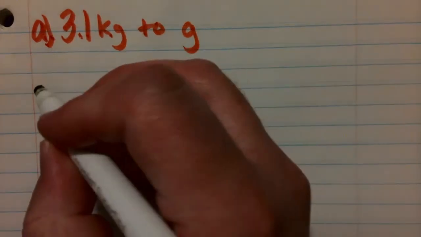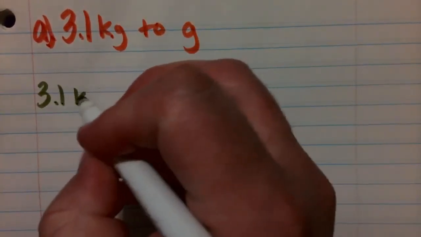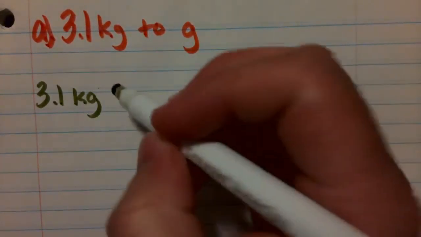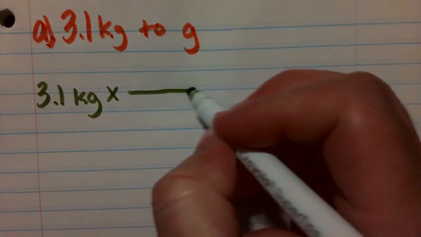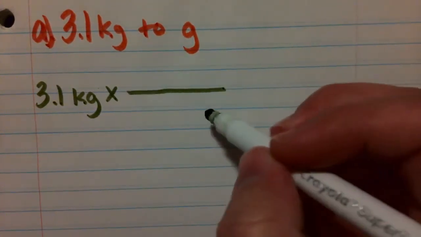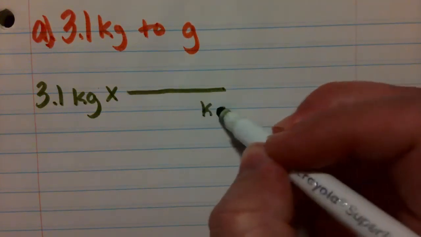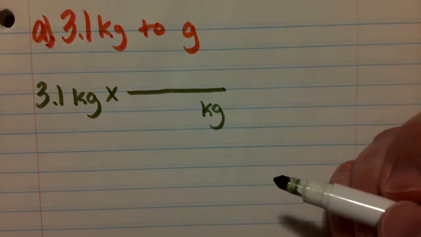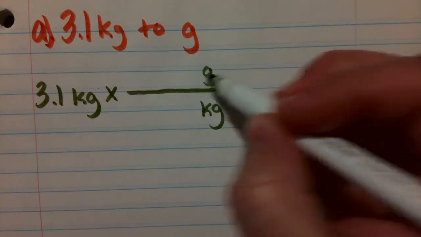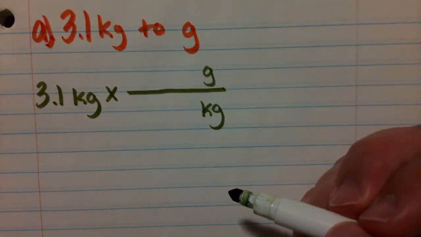For step 1, we'll write down the number and the unit we're trying to convert from. Step 2, we multiply by a fraction. For step 3, on the bottom of the fraction, we'll put the unit we're trying to get rid of. And on the top of the fraction for step 4, we'll put the unit we're trying to get.